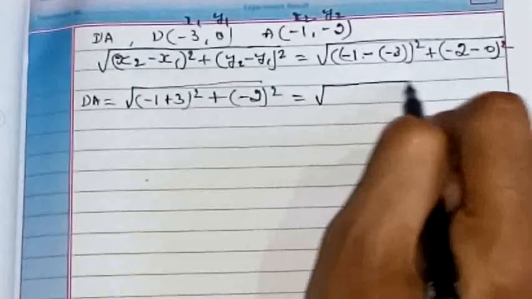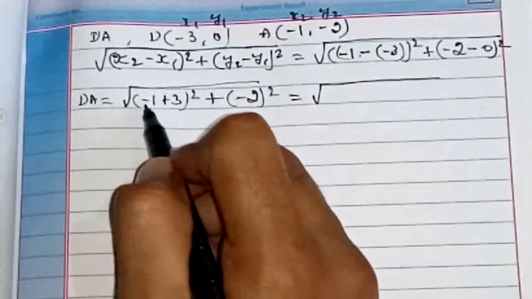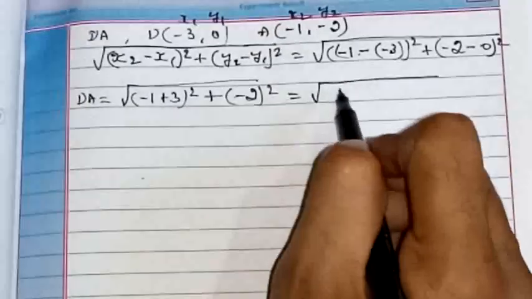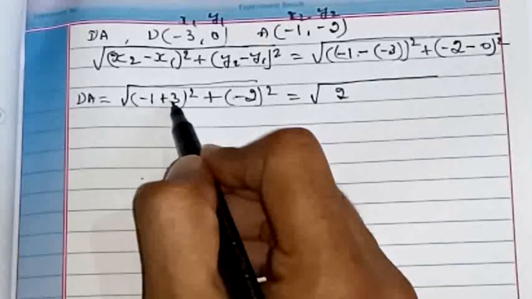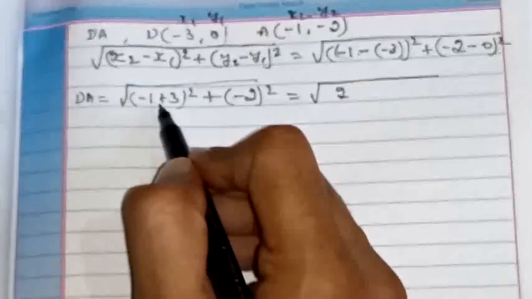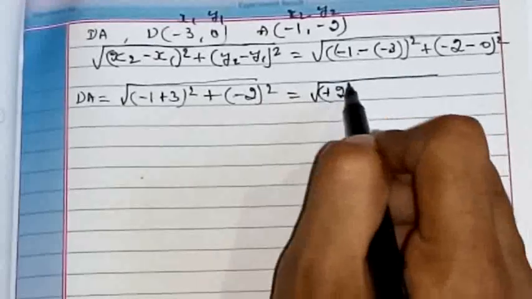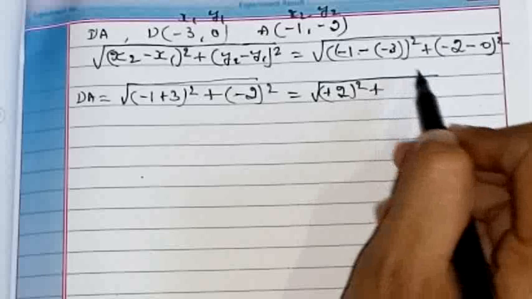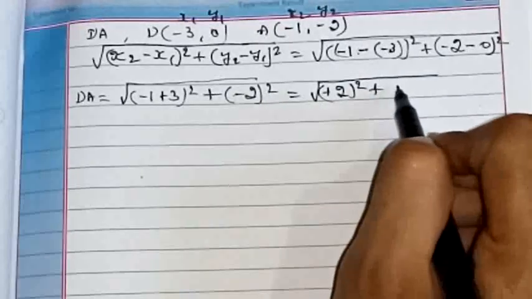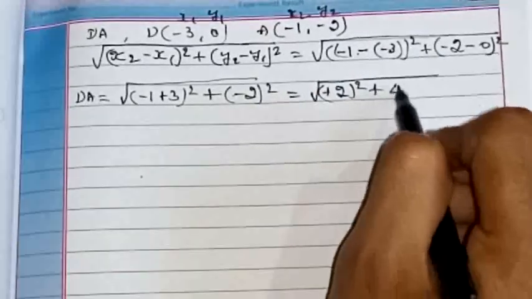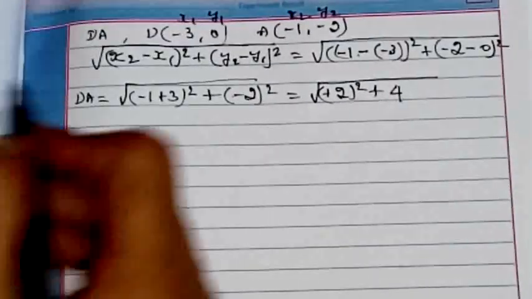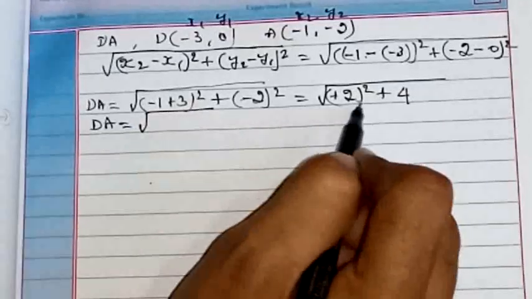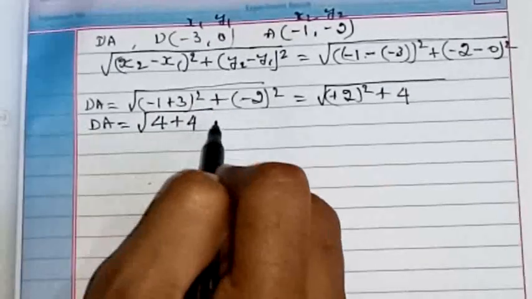That's equal to square root of, now minus into plus is minus, you should subtract, so 3 minus 1 is 2, and also the sign of the biggest number, the biggest number is 3 and sign is plus, so therefore plus 2 whole square plus minus 2 square, so any minus square will be plus, so therefore minus 2 square is plus 4.